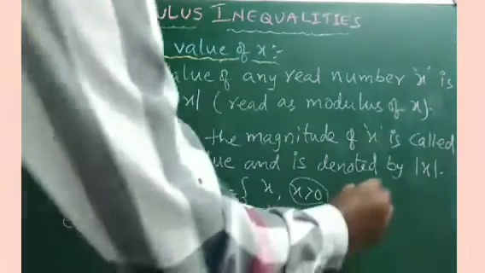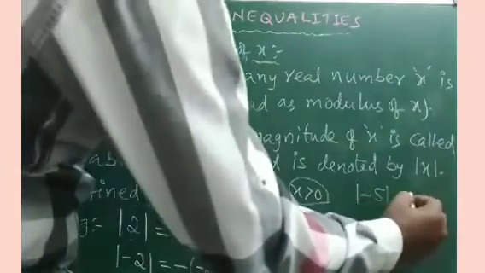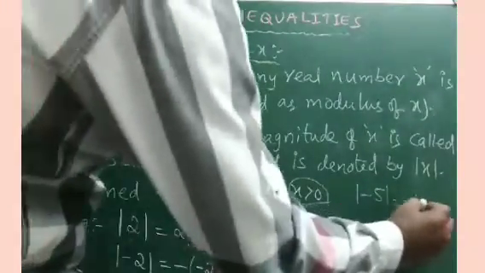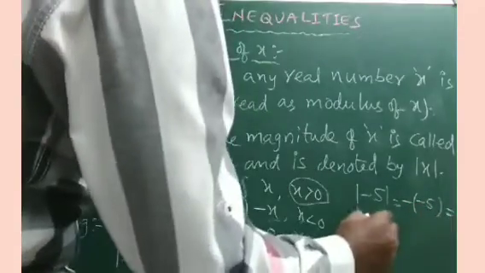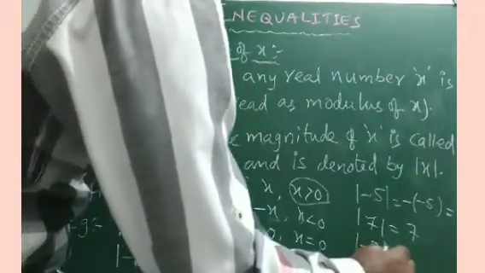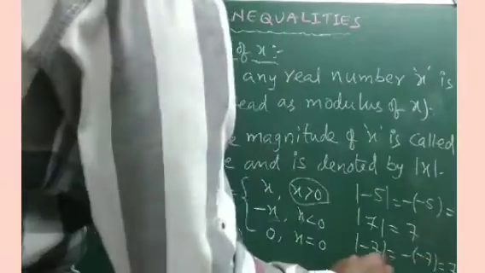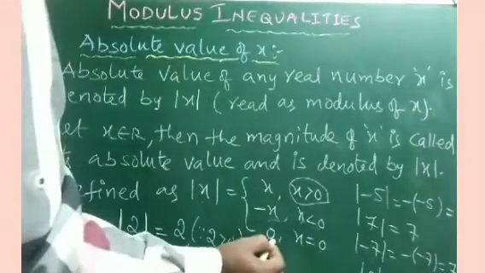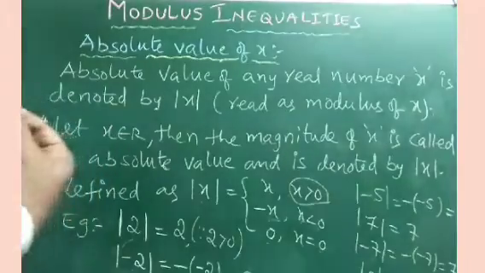In the same manner, for example, modulus of minus 5: because it is negative, we take minus x, which means minus of minus 5, finally equal to 5. Similarly, modulus of 7 is 7, modulus of minus 7 is minus of minus 7, finally 7, and modulus of 0: when x is 0, its absolute value is also 0.